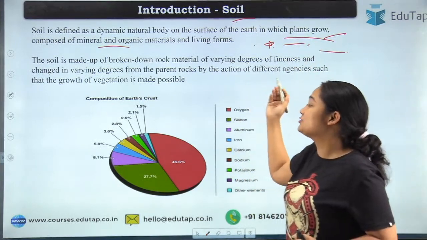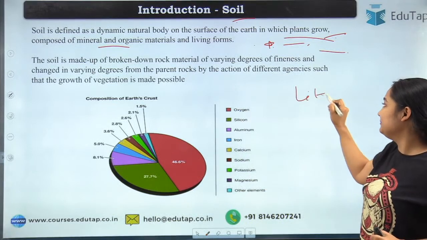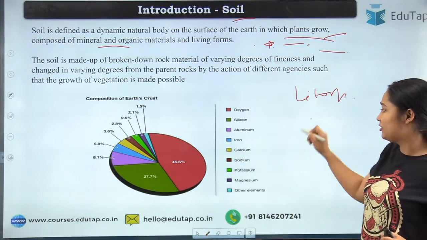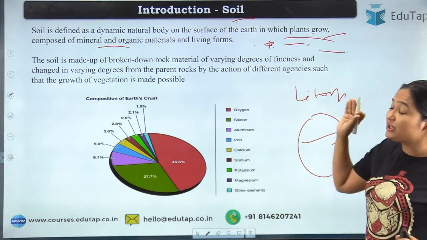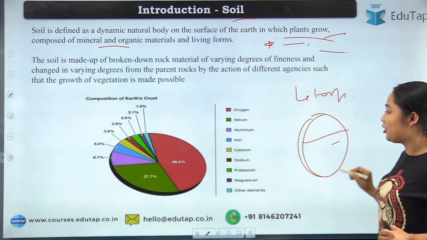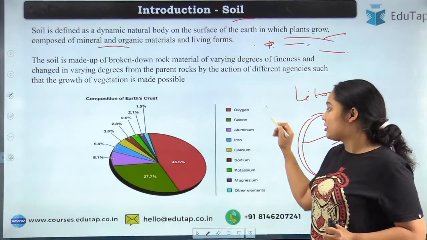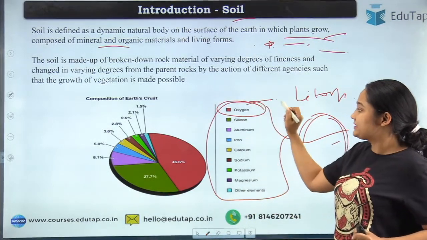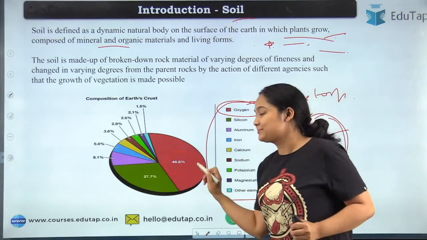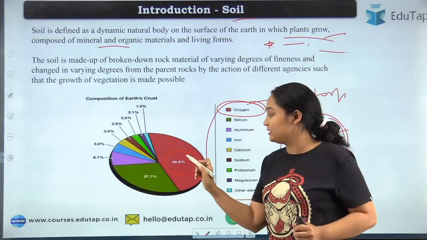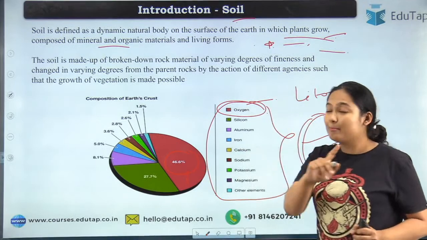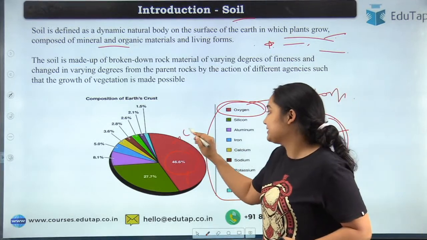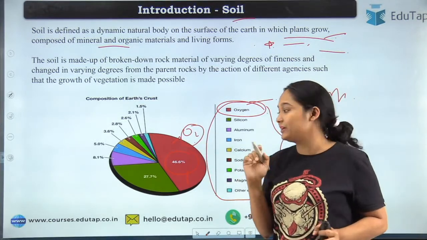Talking about the soil, we all know the lithosphere is there, and the earth is divided. Talking about the crust of the earth, the topmost part of the earth, and its composition, as you can see, the largest percentage is covered by oxygen. That is 46%, more than 40%. But surprisingly, it is not pure oxygen O2, the atmospheric oxygen.